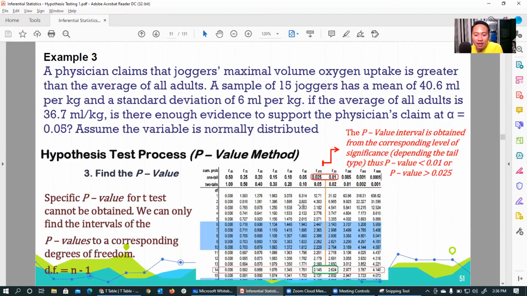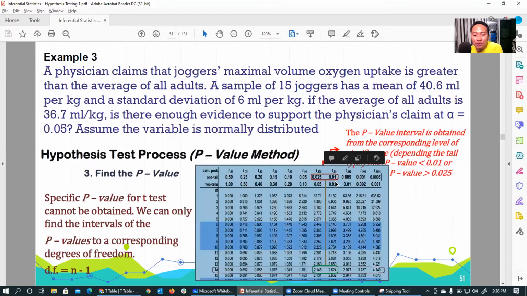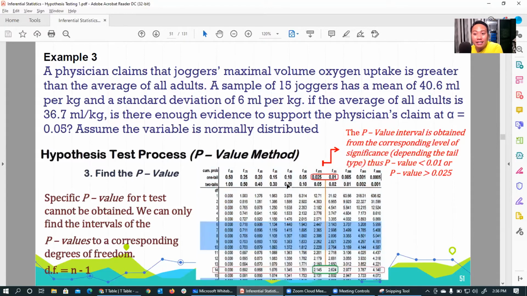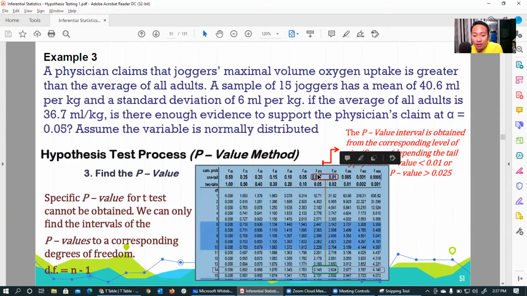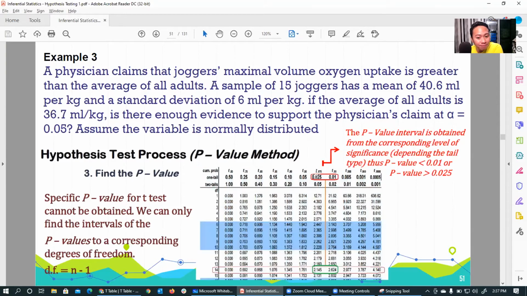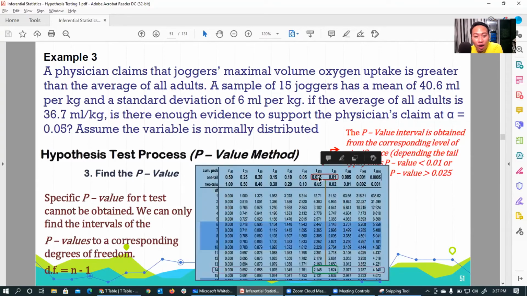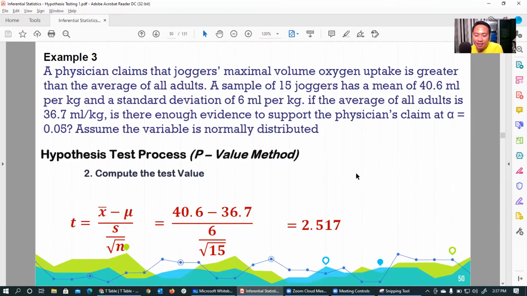So that's why I encircled this part here, not this part, because the interval of 0.05 and 0.02 is for a two-tailed test. This means to say that the p-value, guys, belongs to this interval. So that's where your p-value lies.